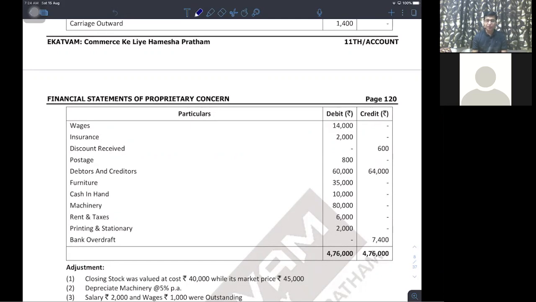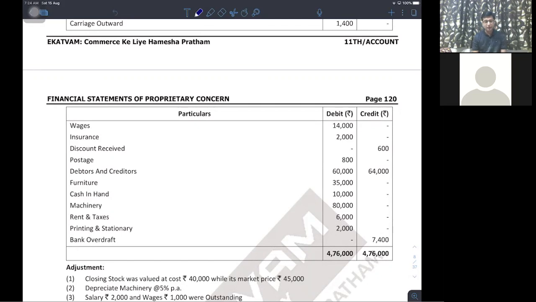Point number two, if it is given only carriage and nothing is mentioned whether it is inward or outward, in that case, in all sense, you should always presume it is a carriage inward. All right.